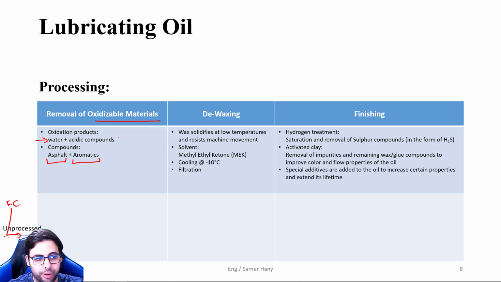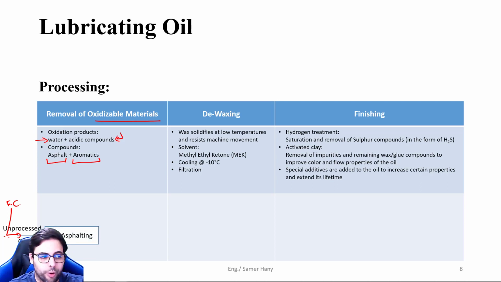And for the acidic compounds, these are acidic, so that means they will start reacting with the solid surface, eating away at it and deteriorating the surface as time goes by. So we don't want any oxidation reactions to happen, so that we can avoid having water and acidic compounds in our system. All right. So how do we do that?